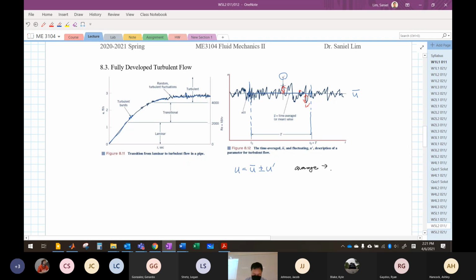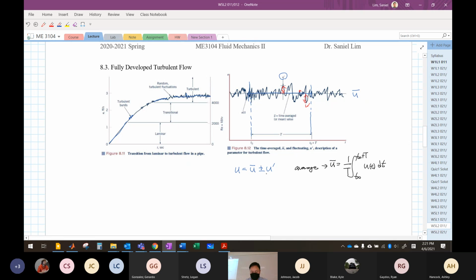For the velocity, you can simply do the integral from t naught to t naught plus capital T of u, which is a function of time, dt, and divide the whole thing by capital T. Then you can find the average velocity, right? That's what you usually do.